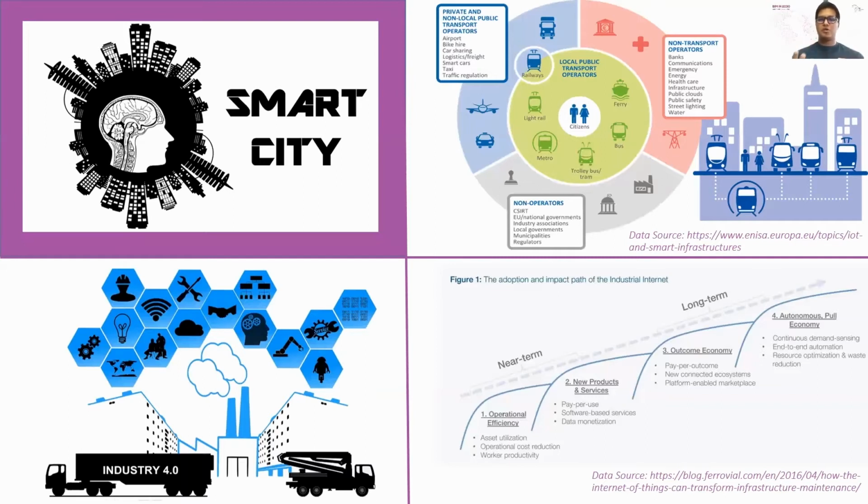So we look at the outcome economy, whether the services can be much leaner, whether they can be afforded to the public in certain cases, depending on the services, at a lower rate, or what can we do to fine-tune this type of ecosystem? And then once we are there, we can look at the autonomous or pull economy, where you would look at continuous demand sensing, end-to-end automation, and resource optimization and waste reduction.